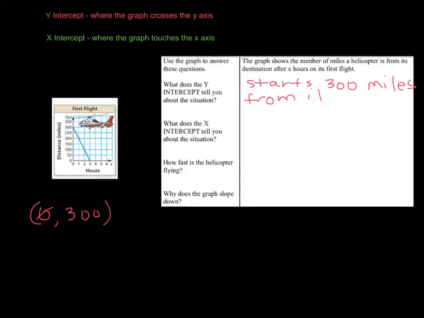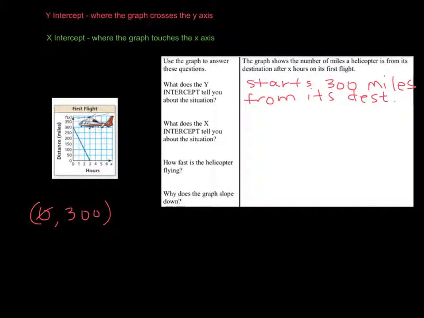Okay, so usually, and we've talked about this over the last couple of weeks, generally speaking, your y-intercept is going to represent some sort of starting value. It could be how much you started with, it's how far you are, it's kind of the beginning of our scenario when you're talking about a real world situation.